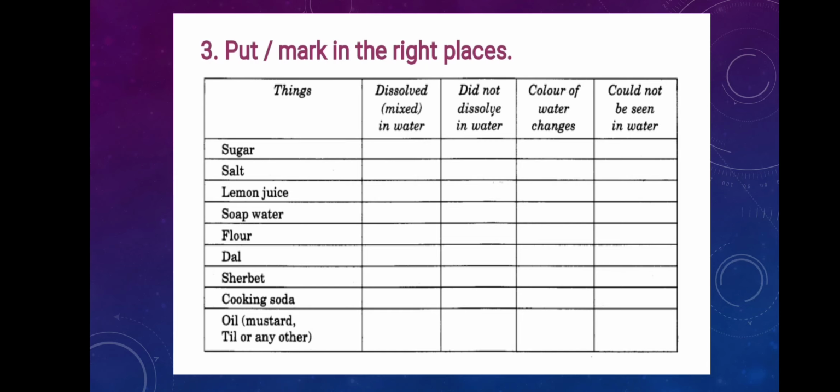We have to find out which things will not dissolve in water, whether the color of the water changes when you mix each of these things, and which things could not be seen in water.